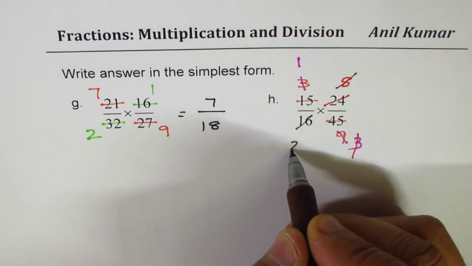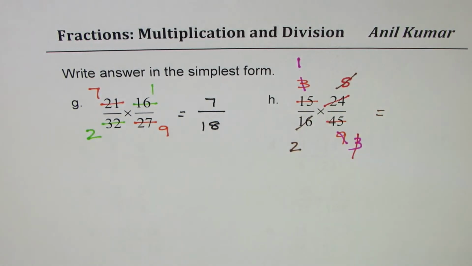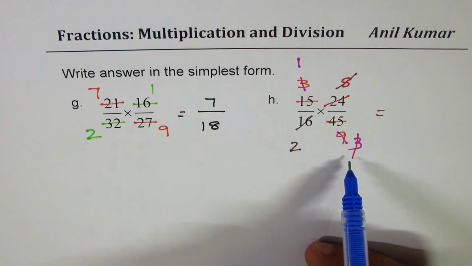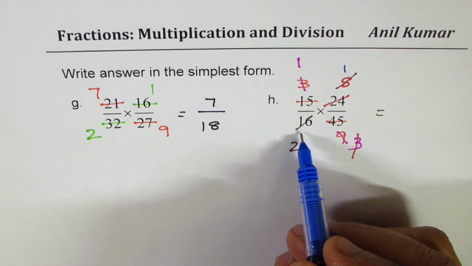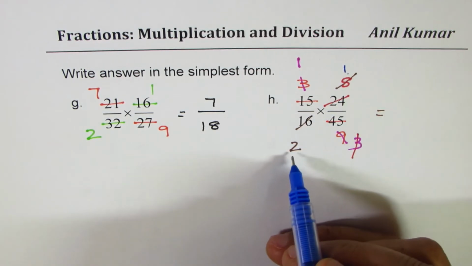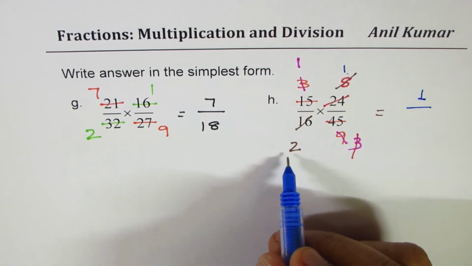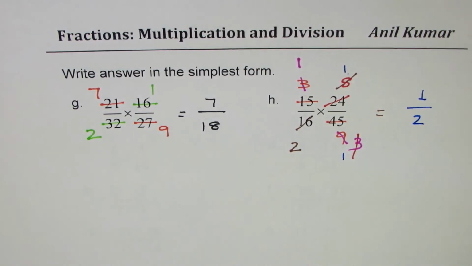Twice 8 is 16. So simplification, as you can see, is a very good process. It really helps you to get the correct answer without even using calculators. So here, when we divided 8 into 16, we got 1 in the numerator, 2 in the denominator, times 1 is just 1, and in the denominator we are left with 2 times 1, so it is half.